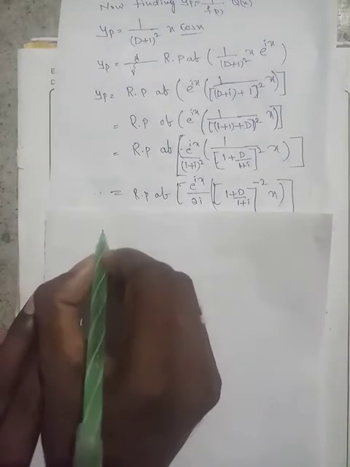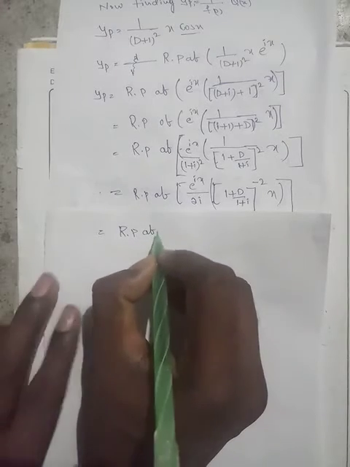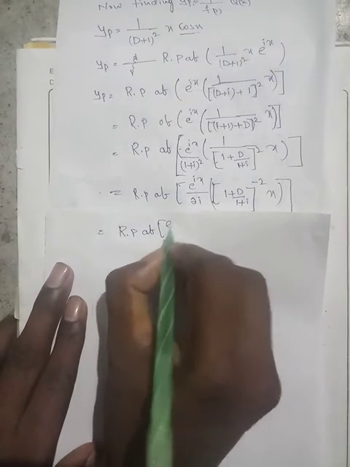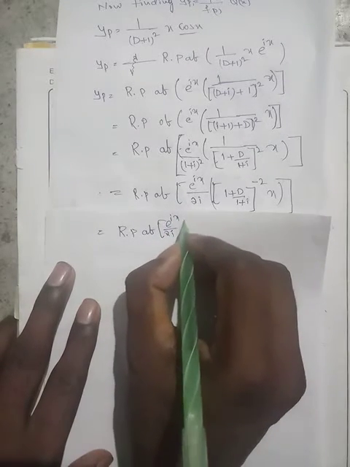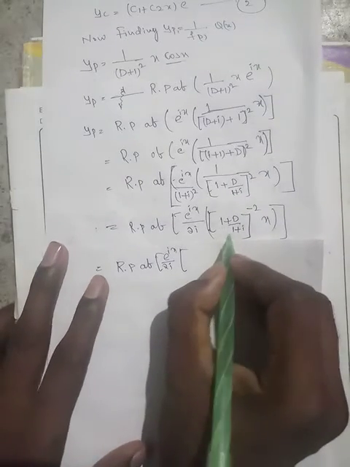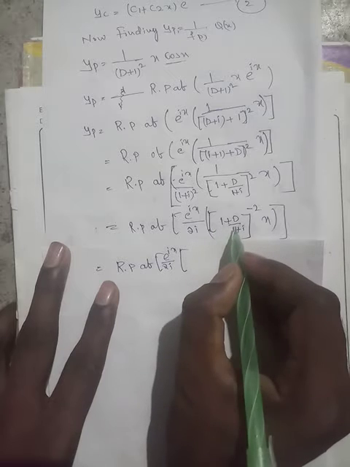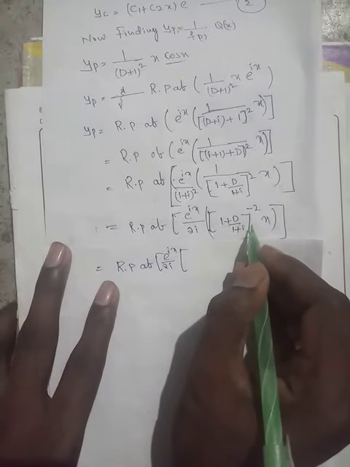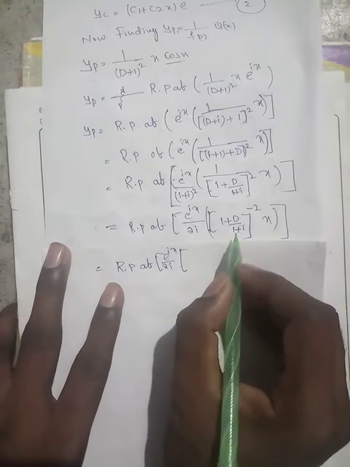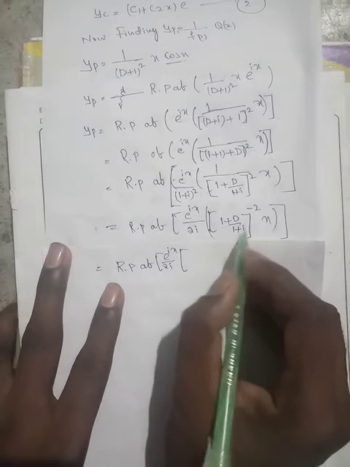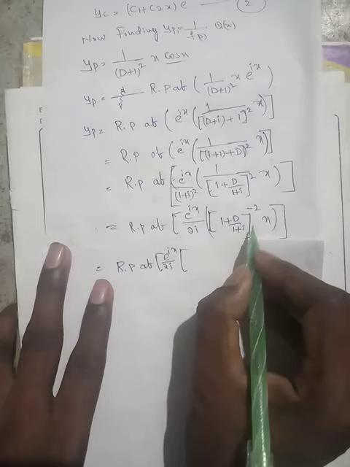So here it is the same as the real part of e power ix by 2i. For this I am expanding, which is in the form of 1 plus d whole power minus 2. We know that this equals 1 minus 2d plus 3d square minus 4d cube plus so on.